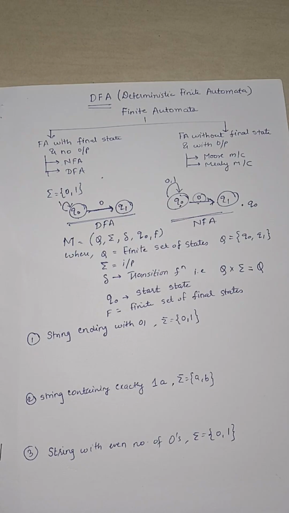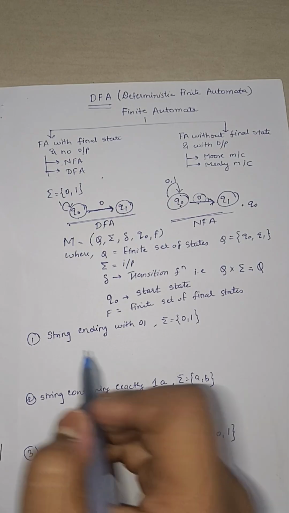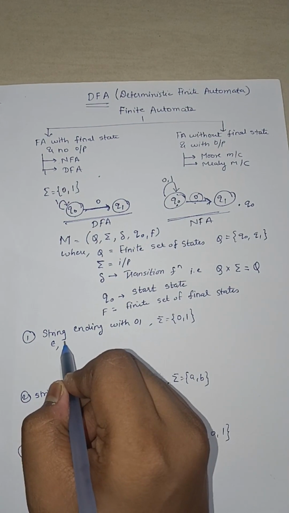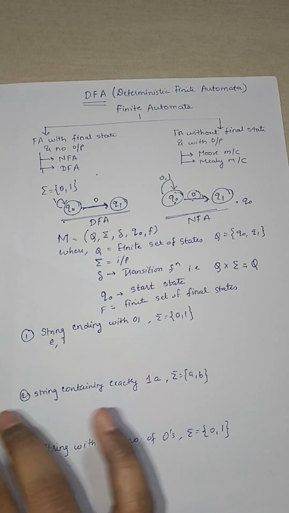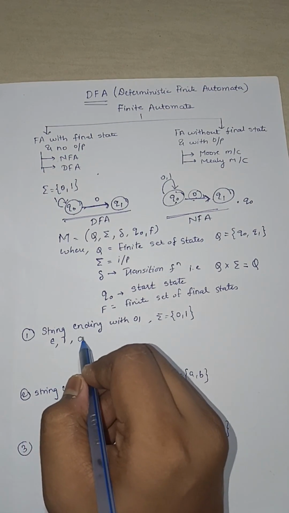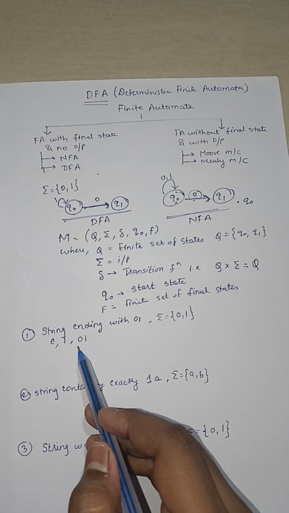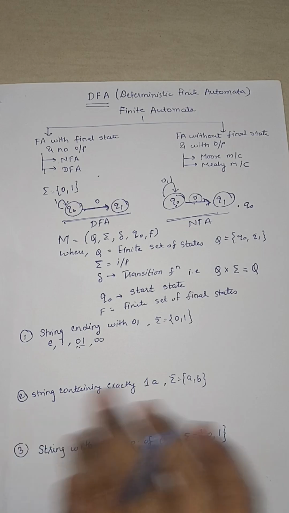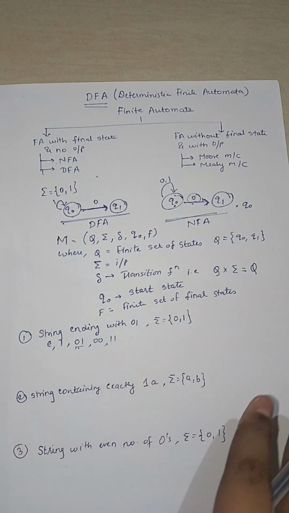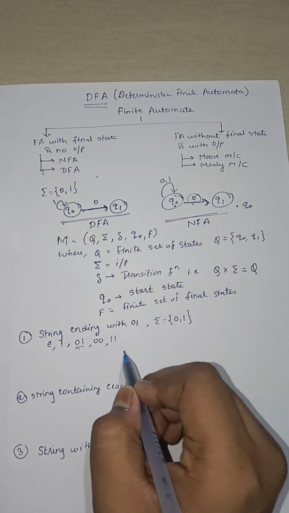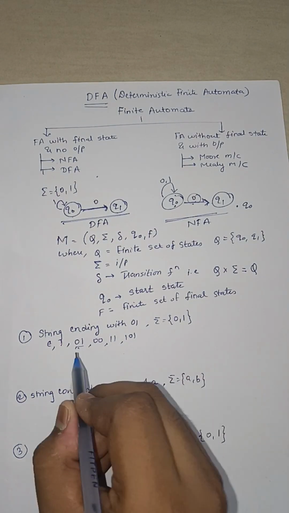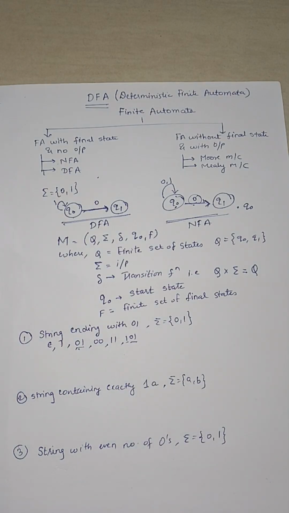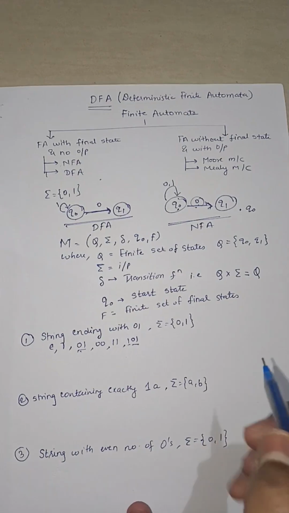If we give input like null, meaning epsilon, it will not accept. 1, no. 0 1, yes, it will accept because it is a string ending with 0 1. 0 0, no. 1 1, it will also not accept. 1 0 1, yes, it will accept because it can start with 0 or 1 but it is ending with 0 1.